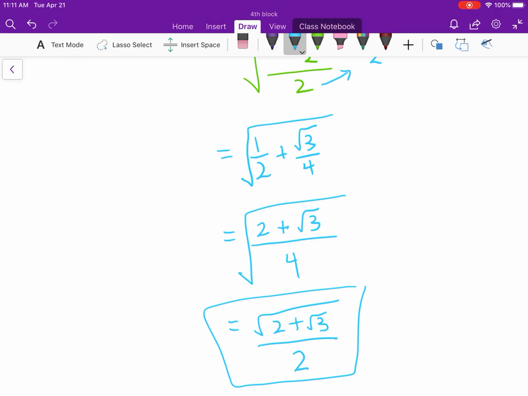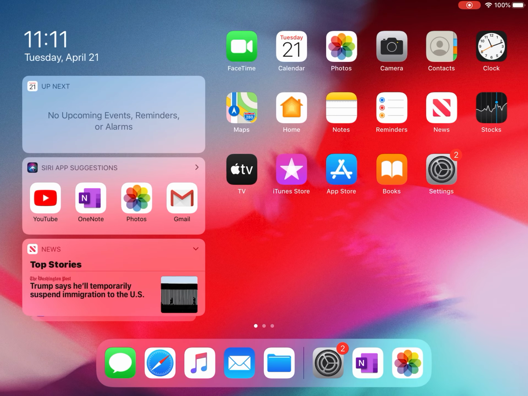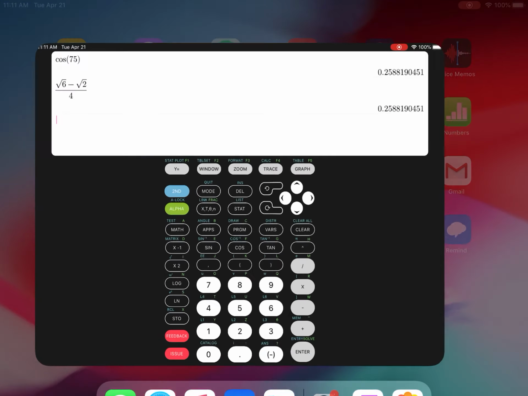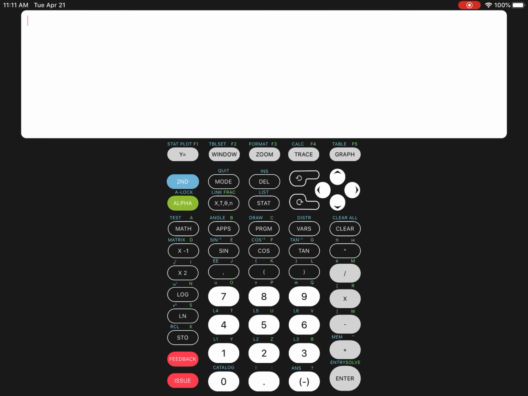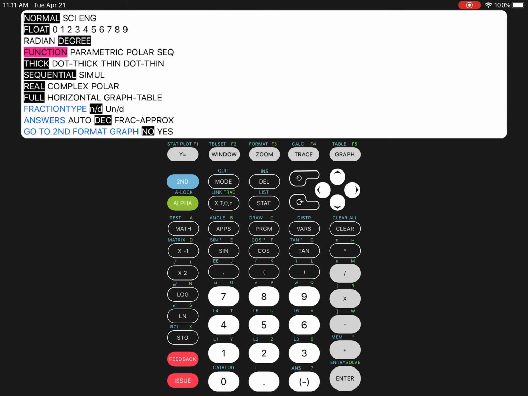Now it looks really messy because you have a radical under a radical, but one nice thing about these is you're going to be able to check them on your calculator, just like we did with those sum and difference problems the other day. So if you will pull out your calculator, I'm going to type in the sine of 105. Now 105 is in degrees, so double check your mode.